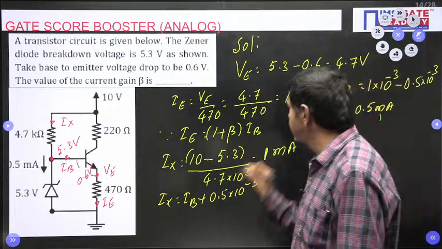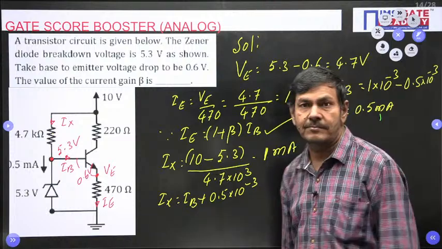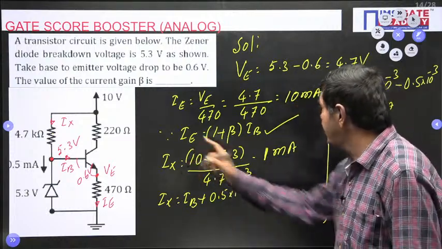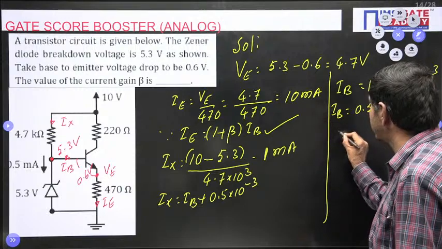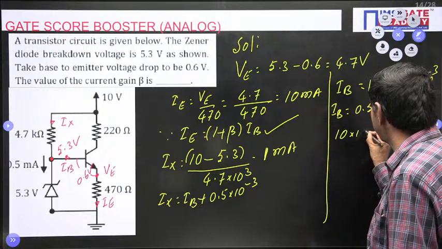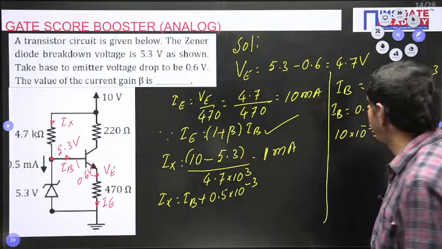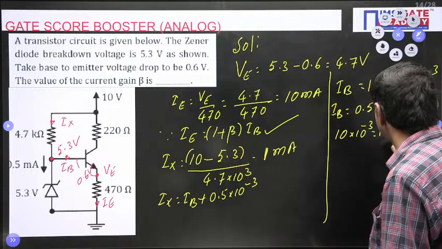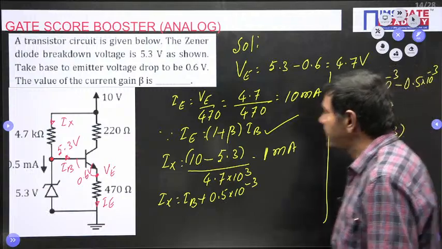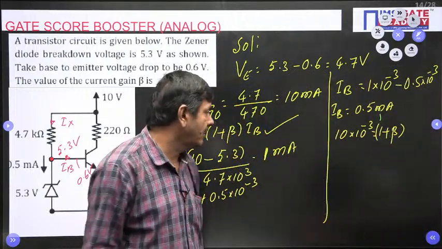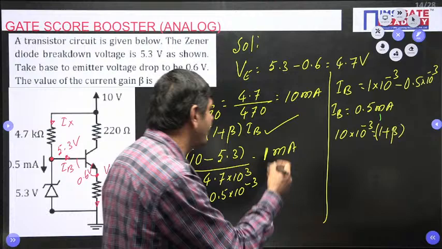Using this base current, I can measure beta now. IE is nothing but 10 milliamperes. That equals 1 plus beta times IB. Beta we need to calculate. IB we got already, 0.5 milliamperes.